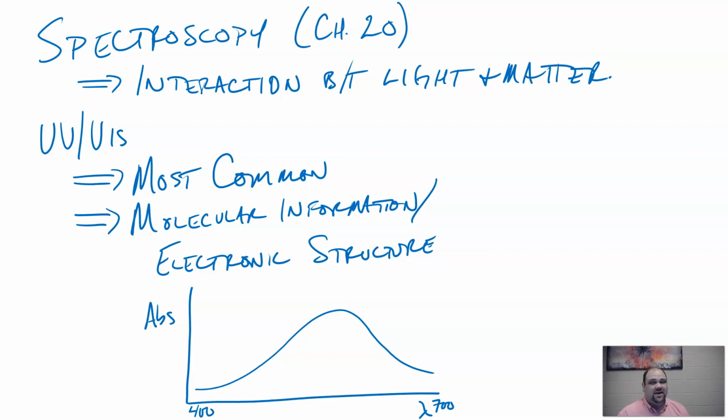If we're talking UV, maybe down as low as 200, 150 sometimes, depending. And up as high as 950, maybe. 950 switches to near IR rather than visible. And so, generally speaking, we stick to this 400 to 700. That's just the visible part of the spectrum. Sometimes we get down below 400 or above 700. But generally speaking, we have a broad spectrum.